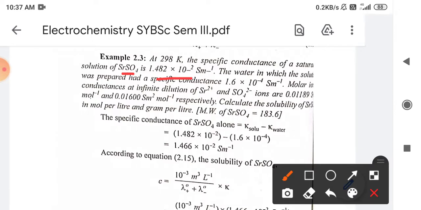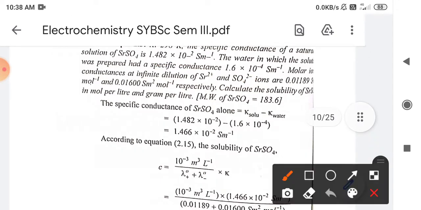The water has a specific conductance of 1.6 into 10 to minus 4. The molar conductance at infinite dilution for the ions, strontium 2 plus and SO4 2 minus, are given: 0.01189 Siemens meter square per mole for strontium, and for the sulfate ion it is 0.016 Siemens meter square per mole.